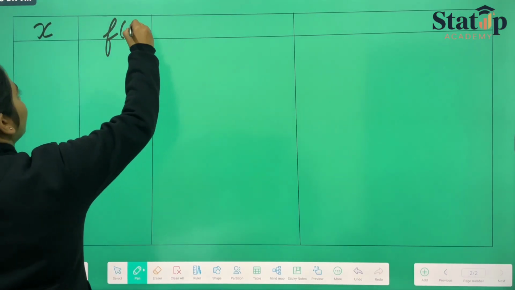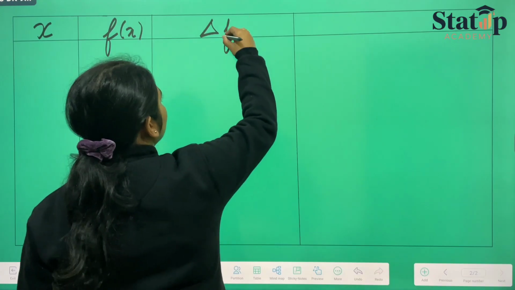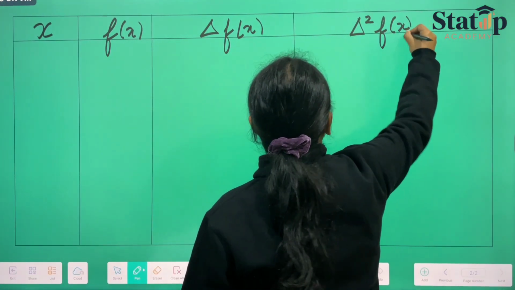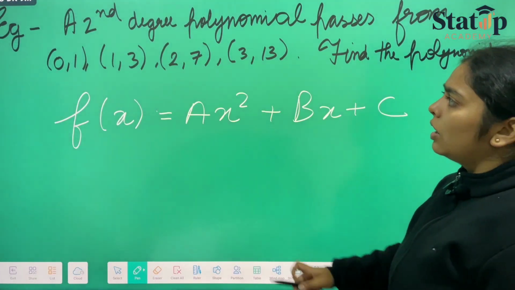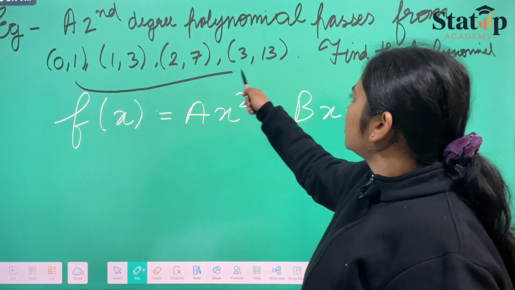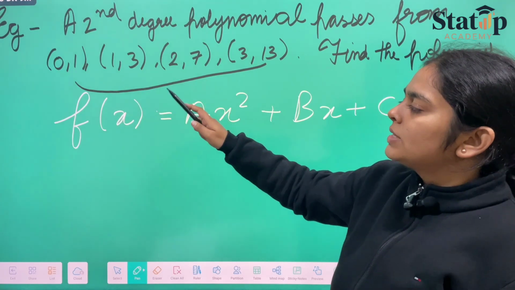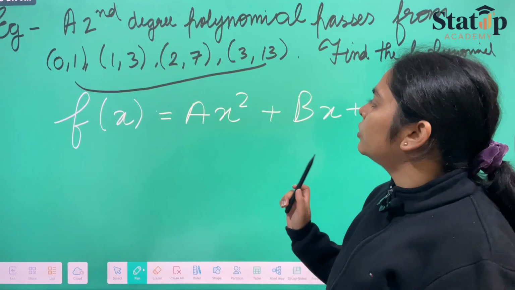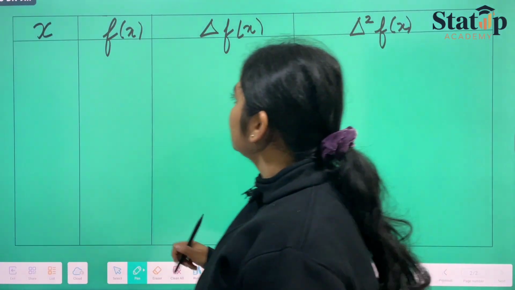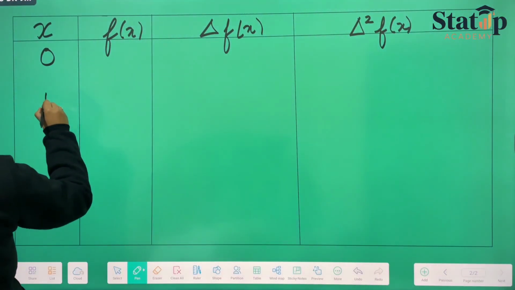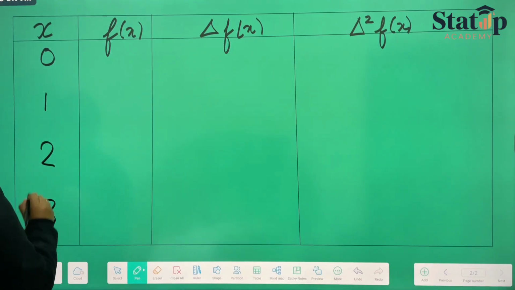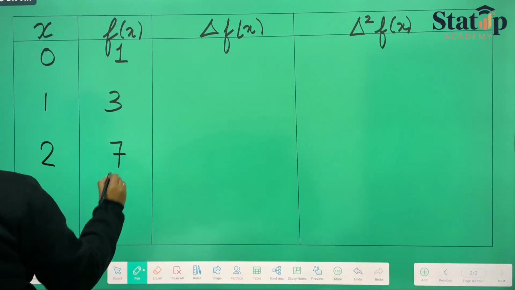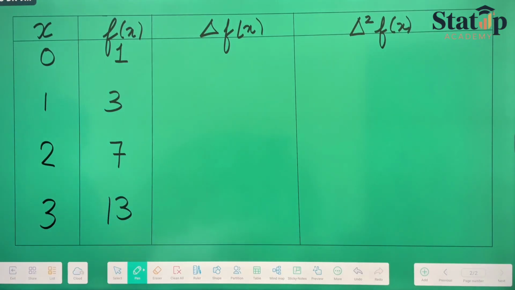Now we have been given these 4 points. So the points are 0, 1, 2, 3 for x, and 1, 3, 7, 13 for fx.